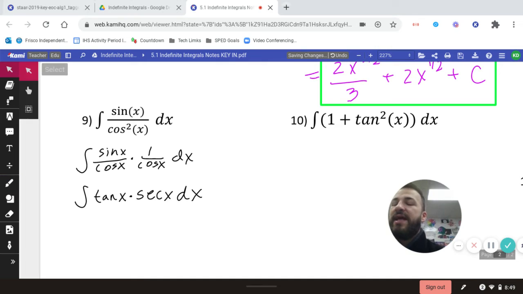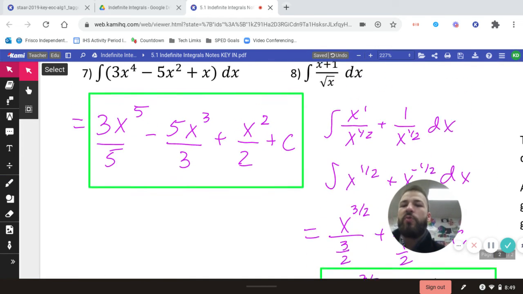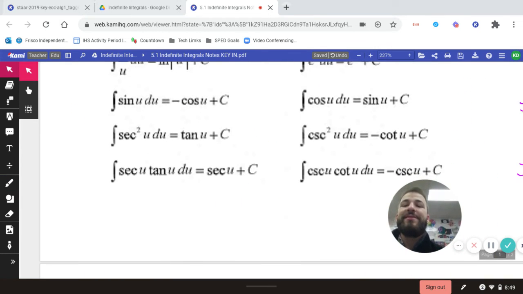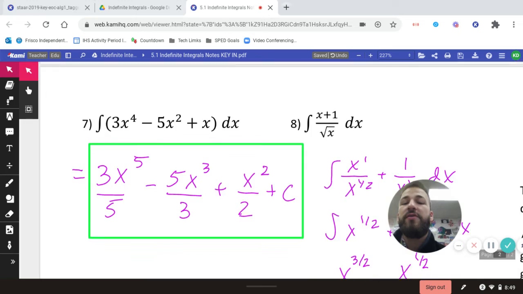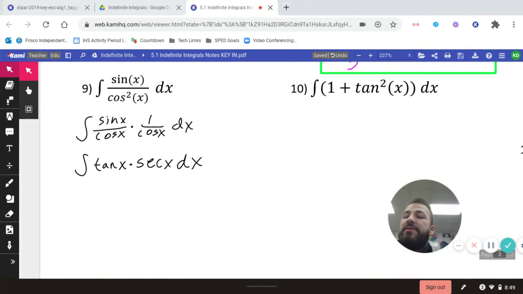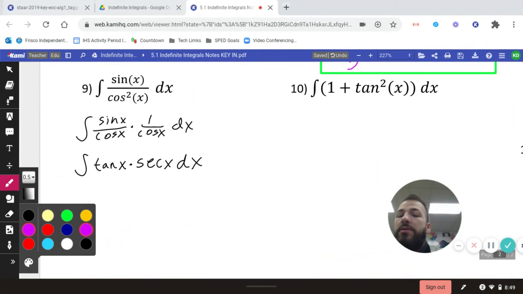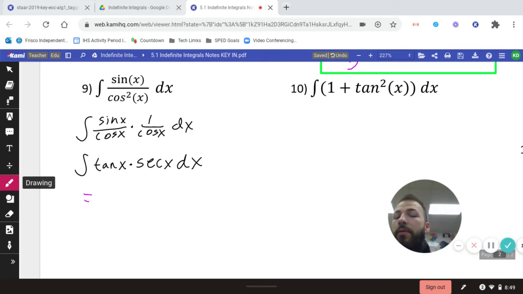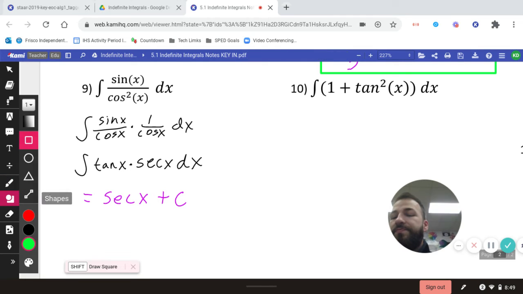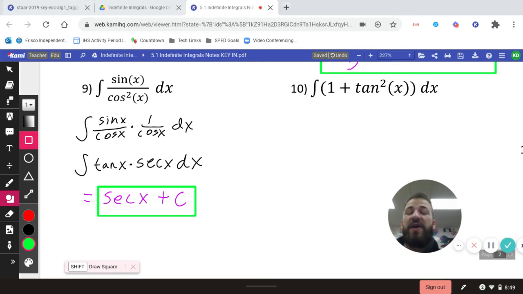Now, tangent x, secant x doesn't look quite like our rule. I think our rule is secant times tangent, but tangent times secant, secant times tangent, those are the same thing. So the integral of that is just secant. So this is equal to secant of x plus c. Nice and simple. So the hard work was the simplifying. The integral was easy in the end, right?